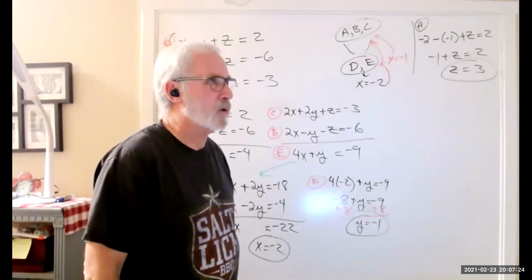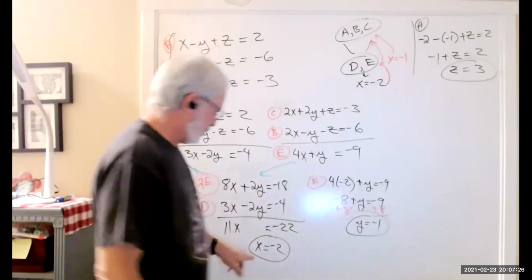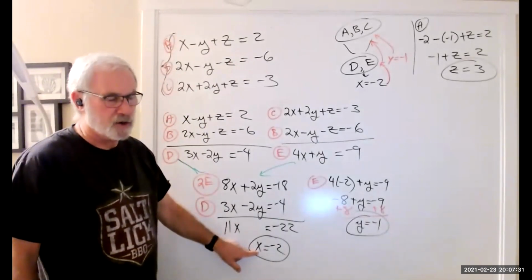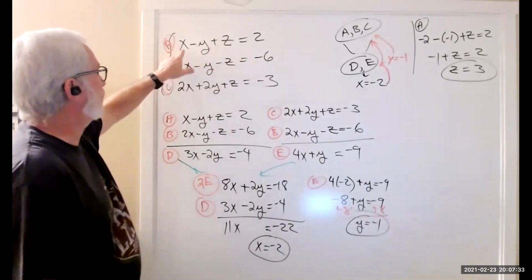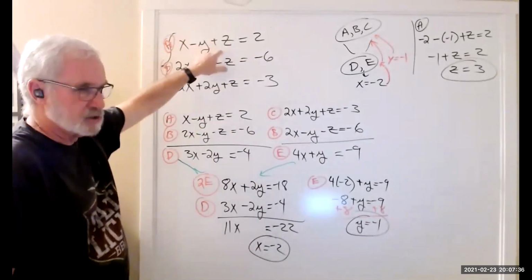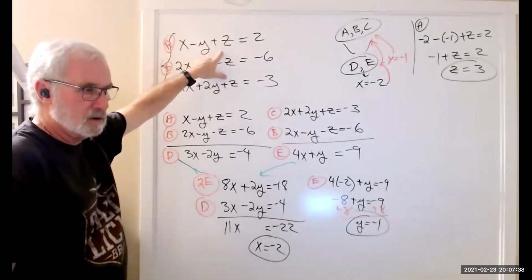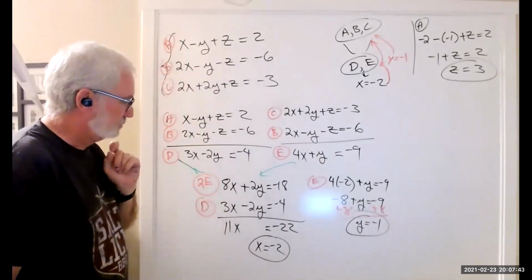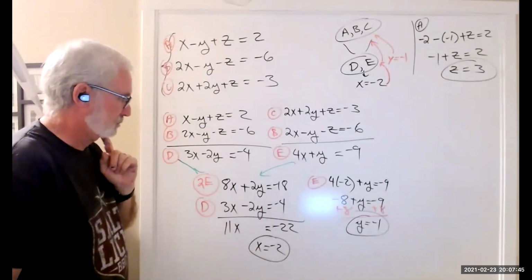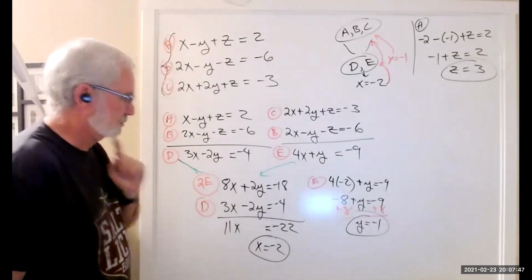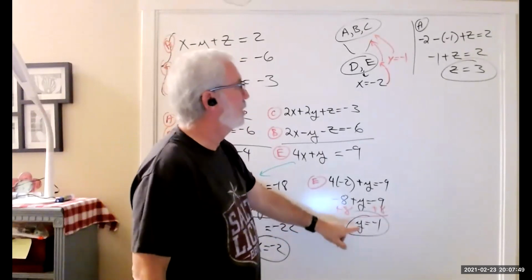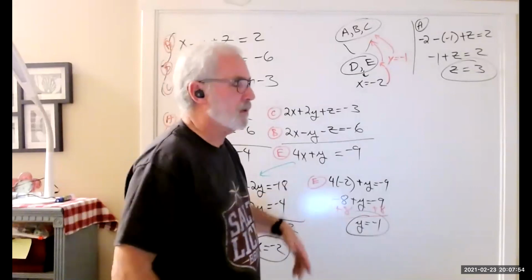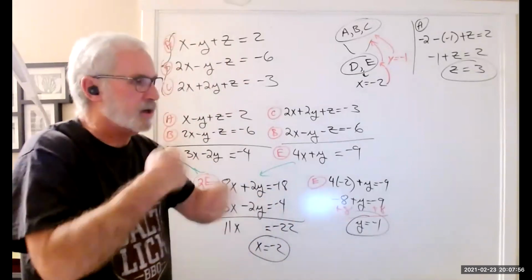It is checking your work also, but remember, when you're here, you're only 1/3 of the way done. You've got to figure out an X and a Y and a Z. I plugged in the -2 for X on the problem E, and then it gave me the -1 for Y, and then I plugged that into E, and it gave me -2 for X. Right, but no, okay, you're going in circles.